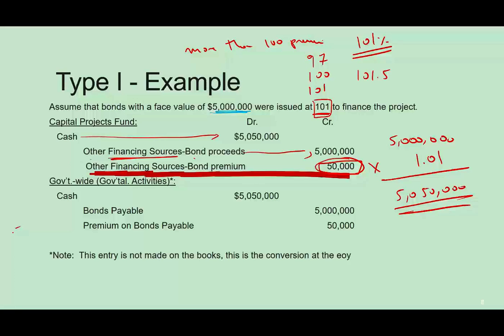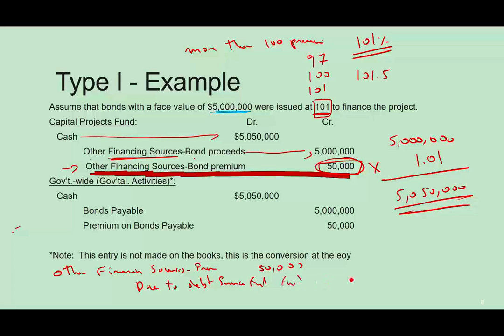So what we do is we debit other financing sources, premium, and they would move it to the debt service fund, due to debt service fund.